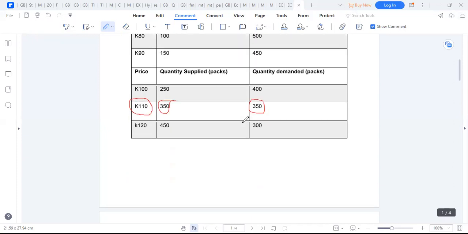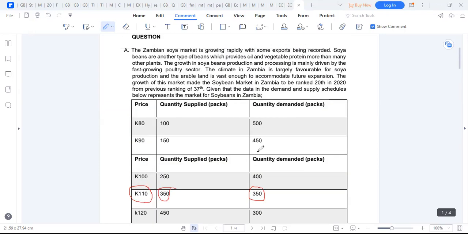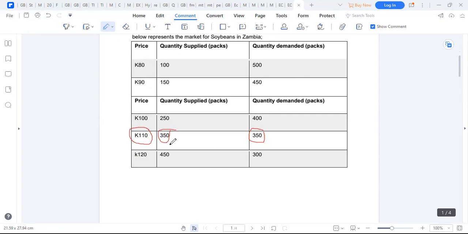Number 1, we're being asked to calculate the equilibrium price and equilibrium quantity. That can be seen from here. We can even use a demand schedule to plot.